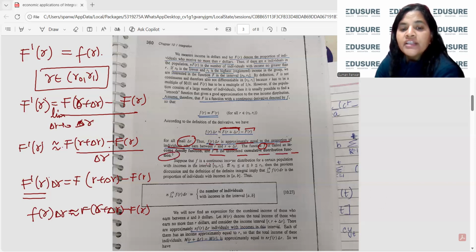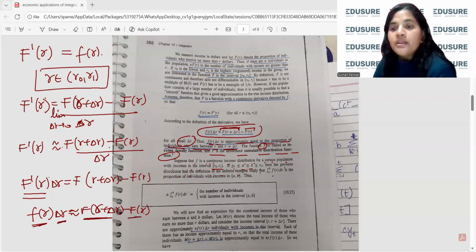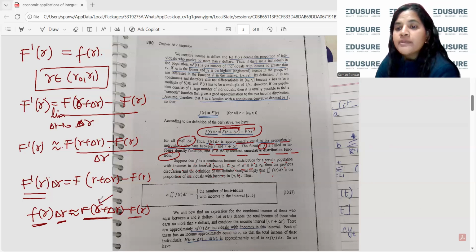Suppose that f is a continuous income distribution for a certain population with incomes in this interval. If a and b are any two values between r0 and r1, then the previous discussion and the definition of the definite integral apply: the integral from a to b of f(r) dr. Basically, f(r)dr is the difference in the proportion of people who are earning no more than r + Δr and no more than r.